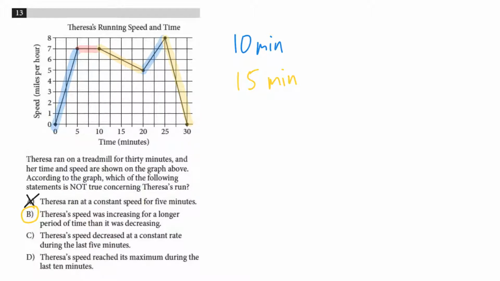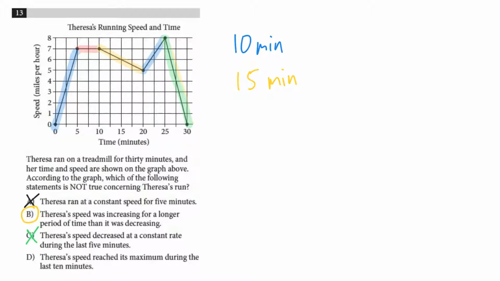We can move on, but I'm just going to read the rest of them. C, Teresa's speed decreased at a constant rate during the last 5 minutes. Yes, that is true. We see the different color here. We see that during the last 5 minutes, yeah, that is a constant rate. So that is true.